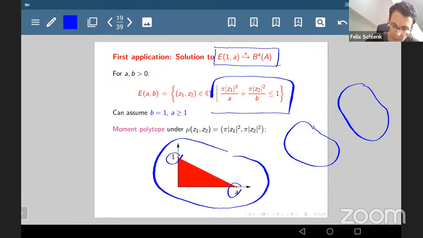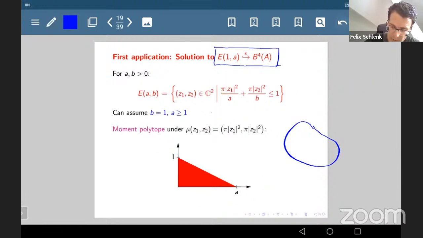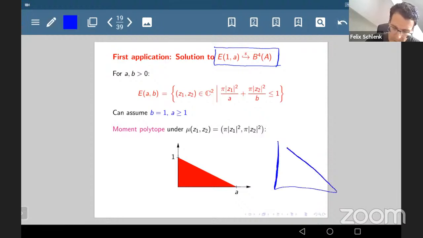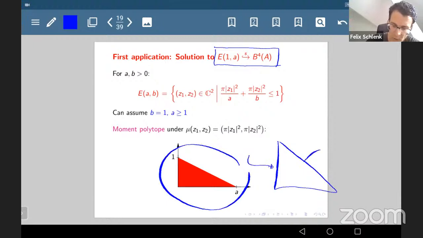And the business is now to ask, what is the smallest ball such that this ellipsoid symplectically embeds into the ball? And the answer is called the ball capacity of A. If A is 1, the answer is 1. And if A is bigger than 1, it's not clear. But what is clear is that there is a volume constraint.